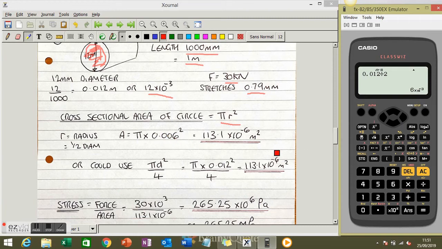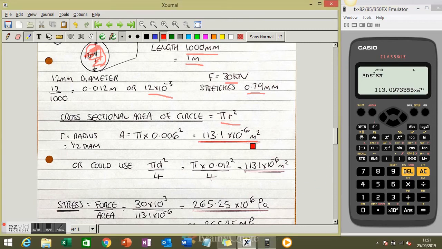There's my radius, 6 times 10 to the minus 3. If I square that and times it by shift pi, that's my area. Don't like 10 to the minus 4, press ENG, 113. I round it up a bit, 10 to the minus 6 meters squared. That's the cross-sectional area in meters squared.